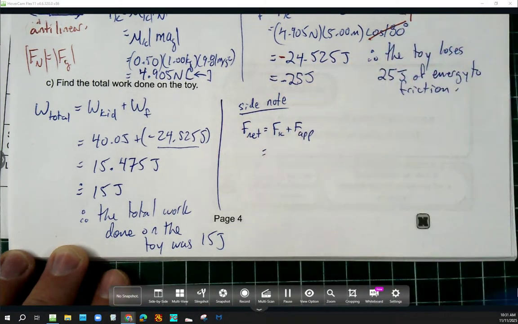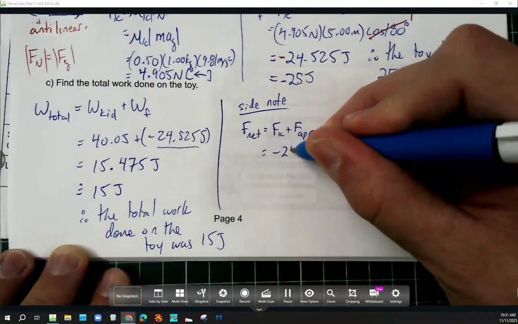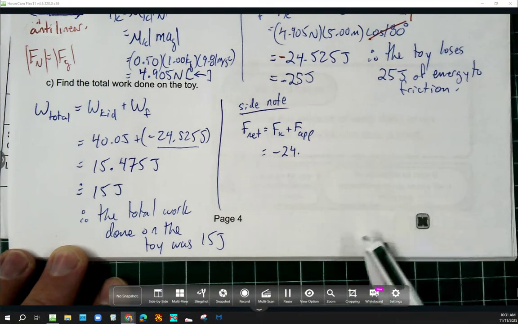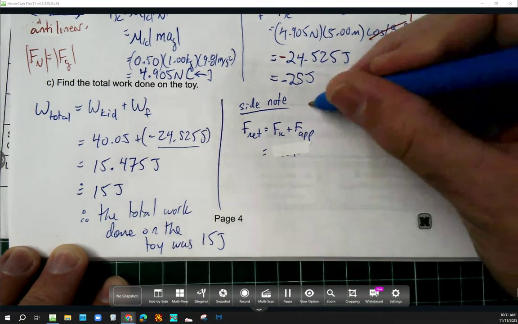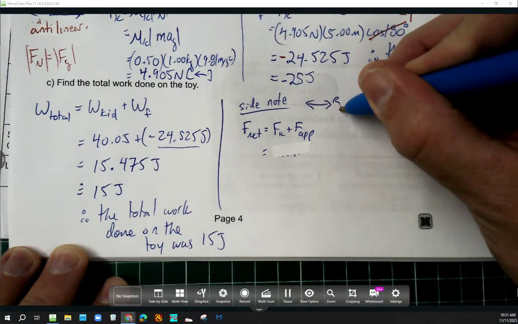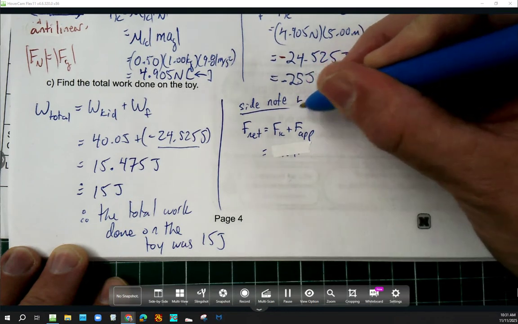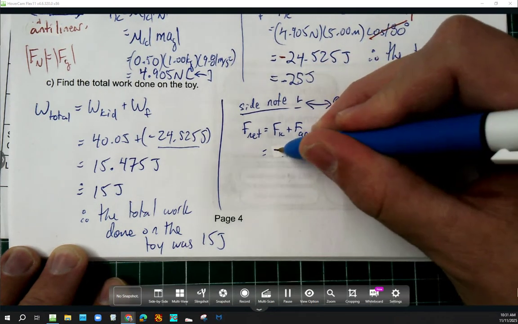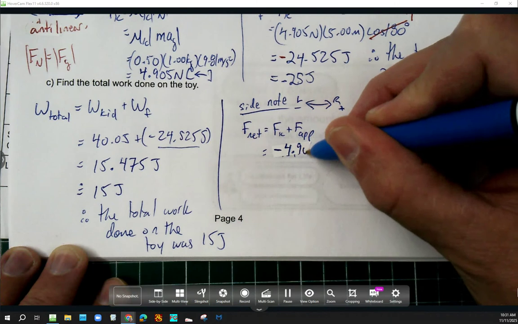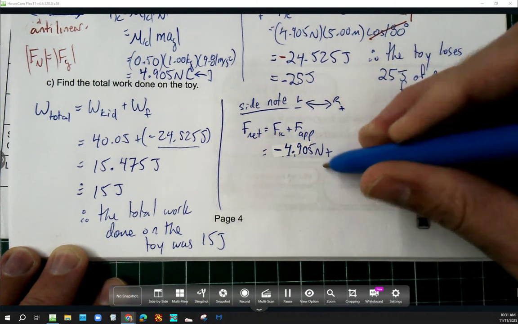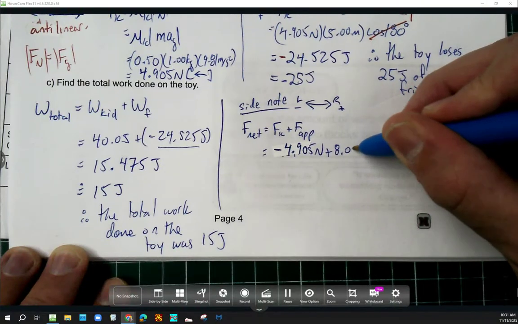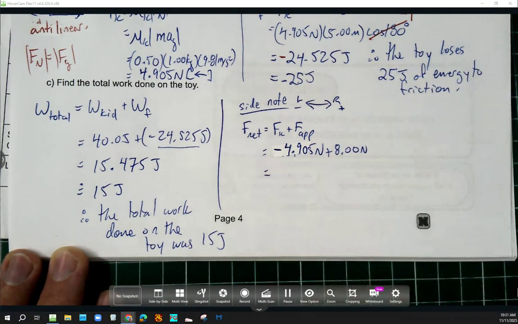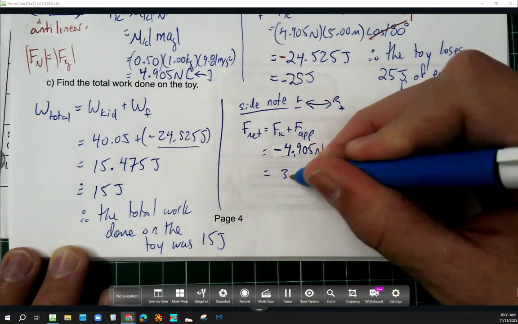The Fk we calculated, if we make to the right positive, because in dynamics you need a reference frame, and to the left negative, would be negative 4.905 newtons. And the F applied was 8 newtons. That's how hard the kid was pushing. And so the F net would be 3.095 newtons.